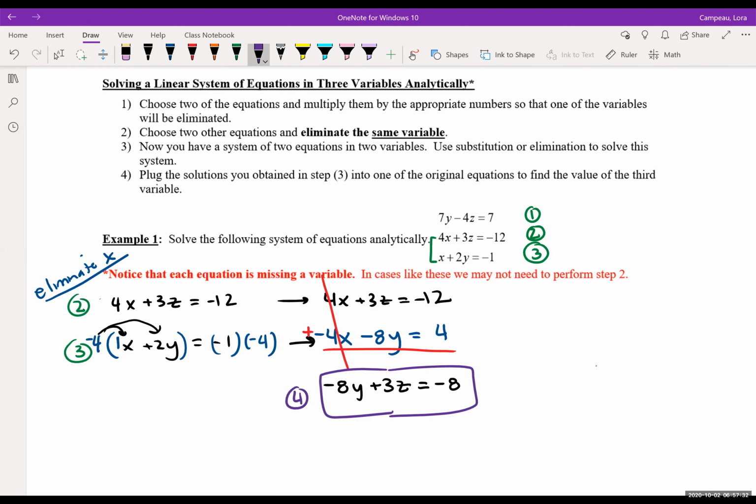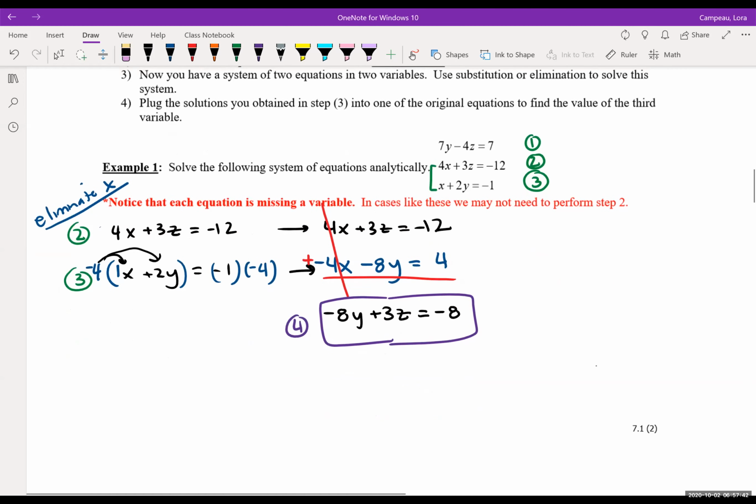Now, this type of system is kind of non-standard because there are variables missing in each of the equations. At this stage, the way I would approach it is to see if I could match up an equation from my original system to my equation 4. I'd be looking for an equation that has both y and z in it.